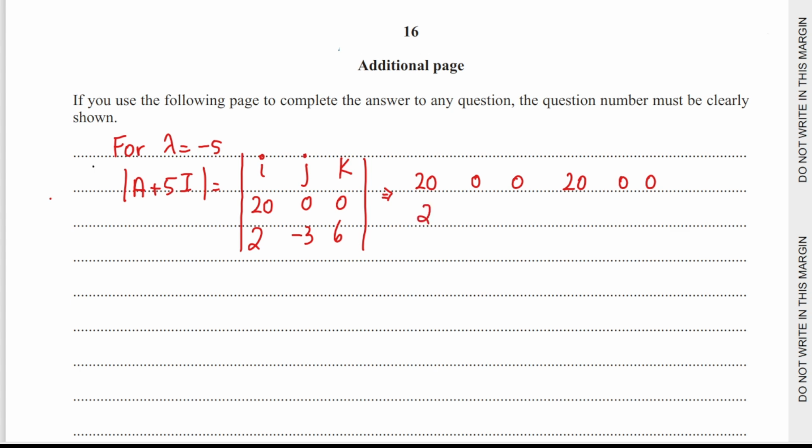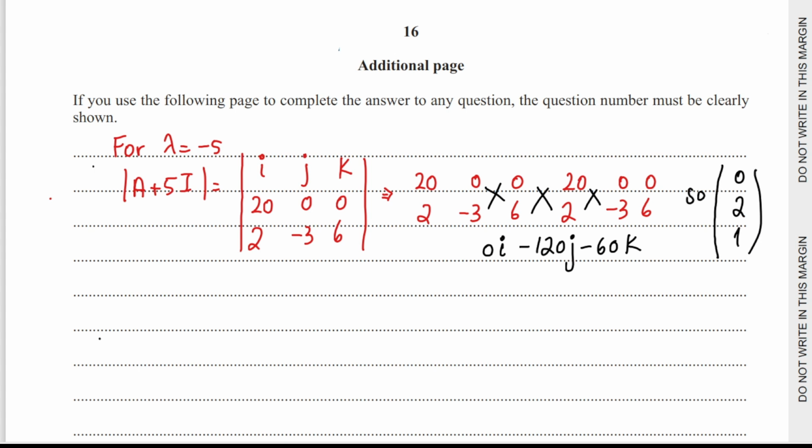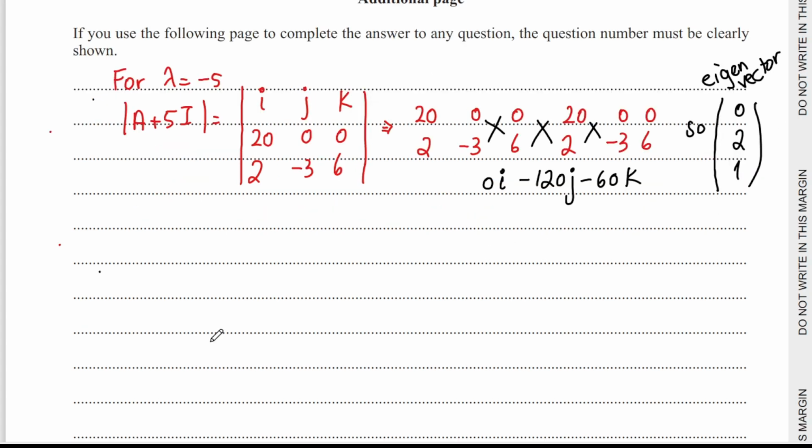So I will list the two components under each other, and then ignoring the first column, take the 2 by 2 determinants of the remaining columns to find i, j, k. So I get 0i − 120j − 60k. Again, because an eigenvector describes a direction, I can divide by 60 to get a simpler vector. So (0, 2, 1) is my second eigenvector.